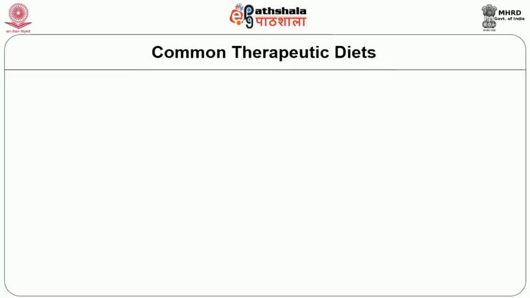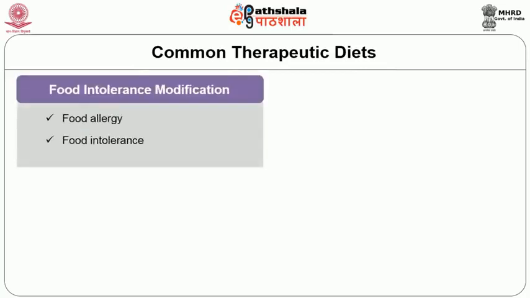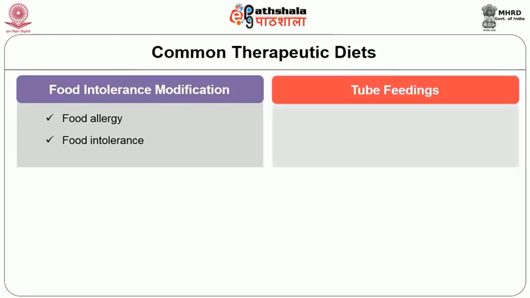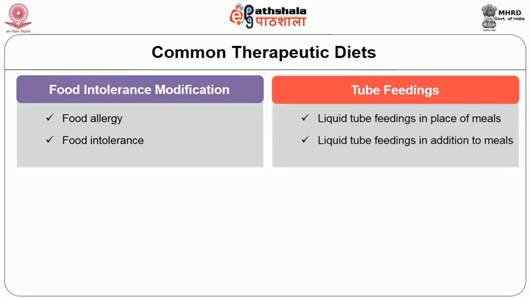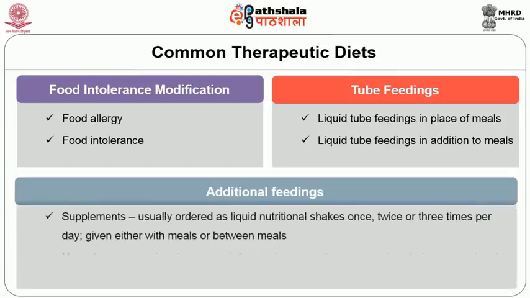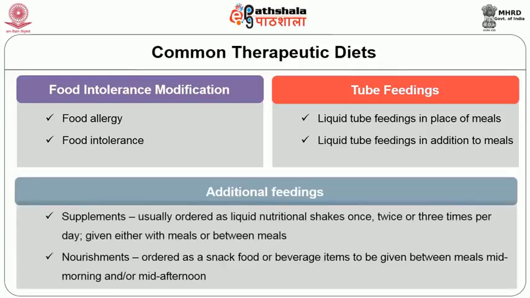And when we look into the 3rd component of therapeutic changes, the food allergy or food intolerance modifications, we have one for food allergy and the other for food intolerance. And the 4th category of these therapeutic diets goes into tube feedings, which is usually the liquid feeds, which may replace the meals, and sometimes is given in addition to meals. And when we talk about additional feedings, we have 2 types: supplements and nourishments.